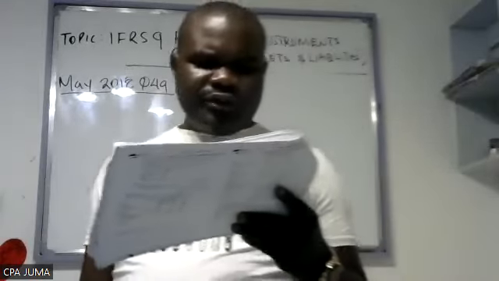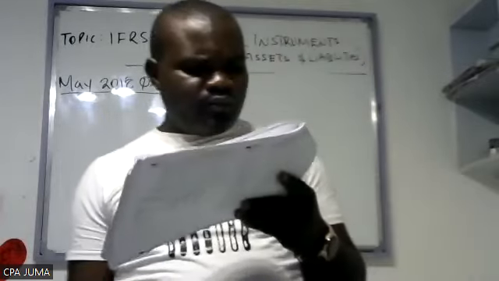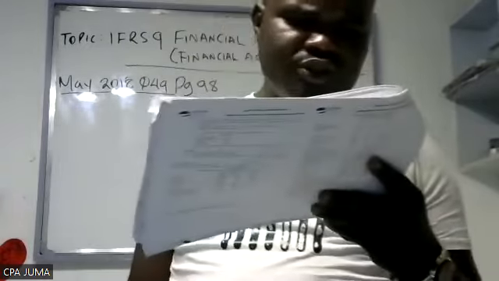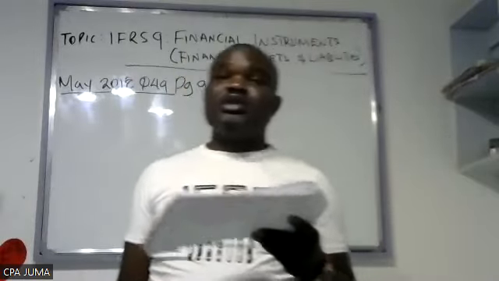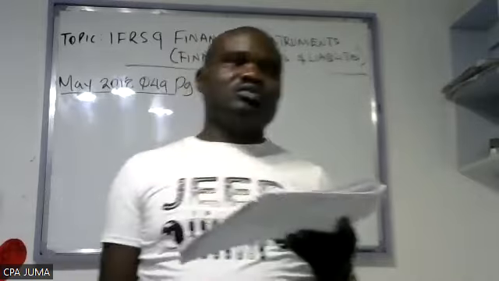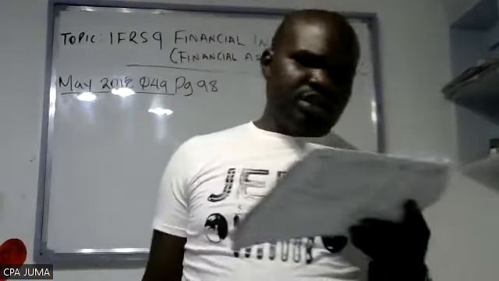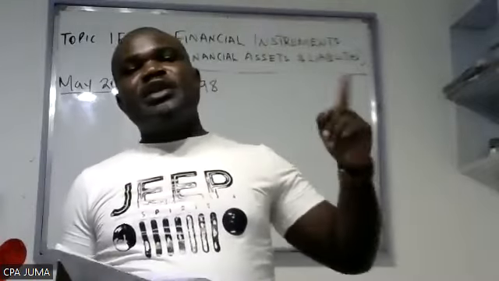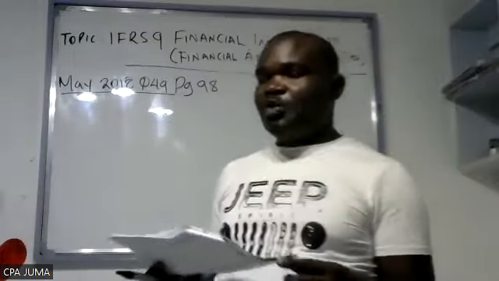The effective rate of interest is 20% per annum. The bond has not been designated as at fair value through profit or loss. So if it is not designated through profit or loss, it means it is designated at... finish that sentence, let me see if we are together.